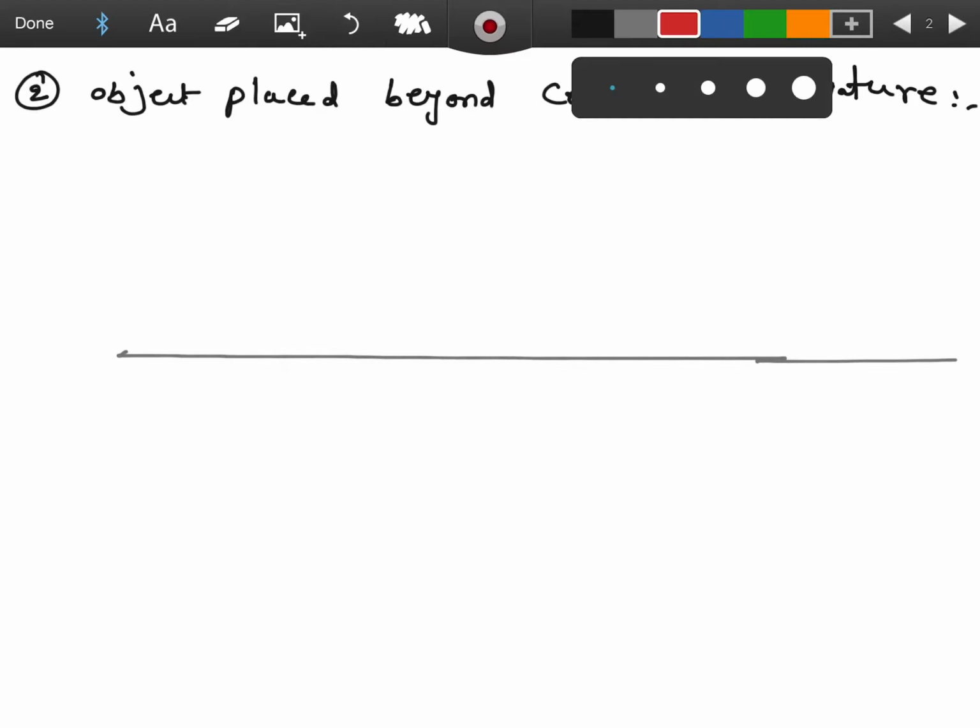Now carefully follow how I am drawing. From this optic center, approximately I will take 3 centimeter as my focal length. Just from optic center to 3 centimeter, and 3 more centimeter is the center of curvature. Again on this side also 3 centimeter.